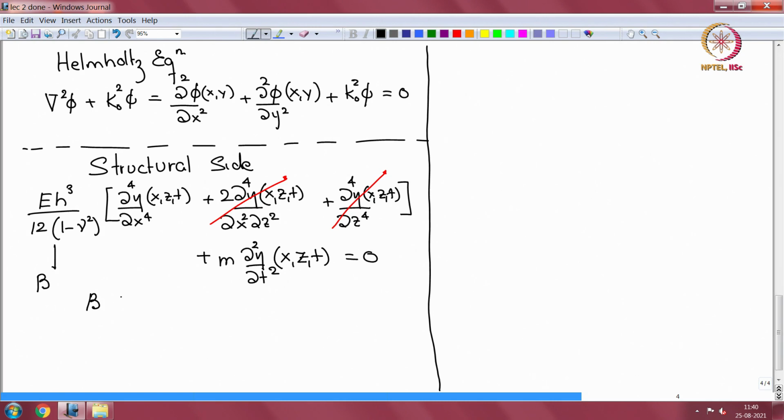So B ∂⁴η/∂x⁴ plus m ∂²η/∂t². This is my 1D plate.